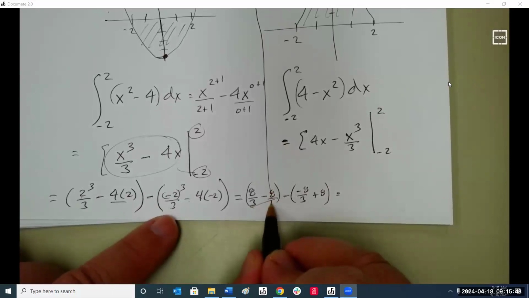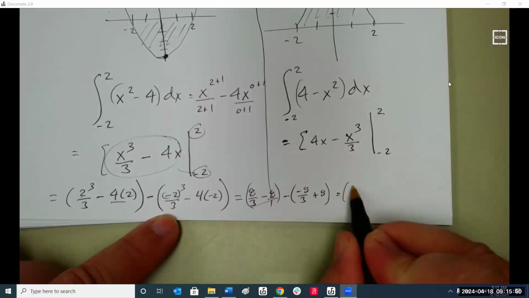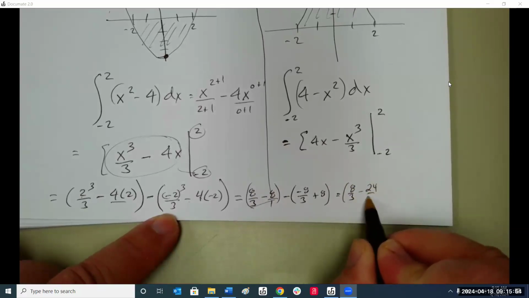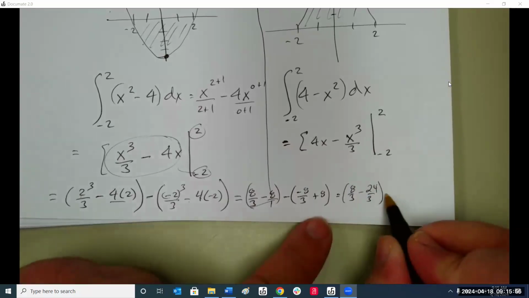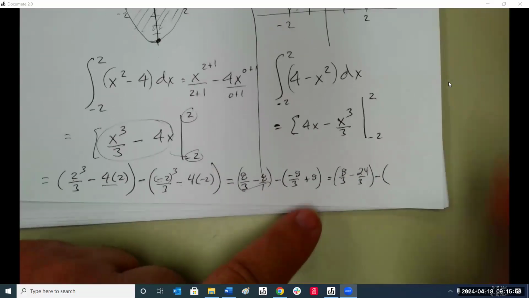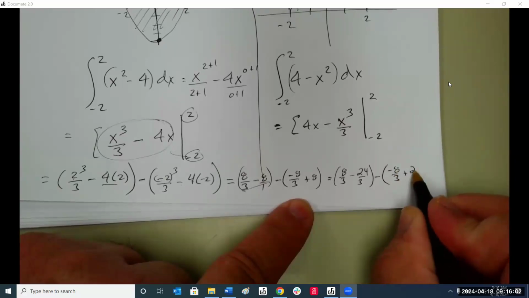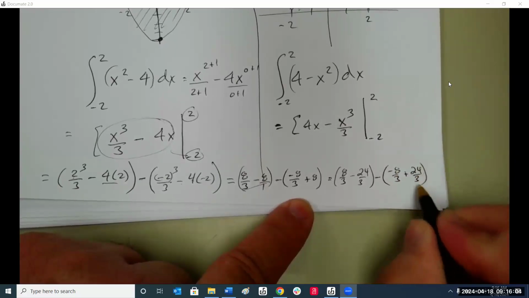Simplify these, so this is 8 over 1. So we get 8 over 3 minus 24 over 3, minus -8 over 3 plus 24 over 3.